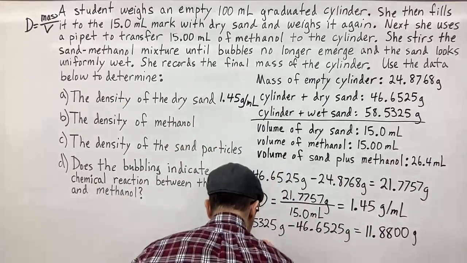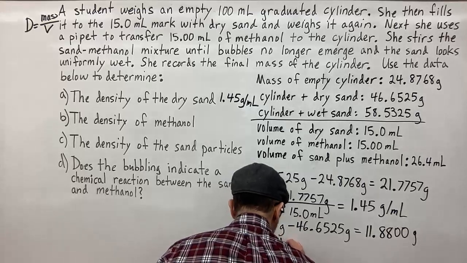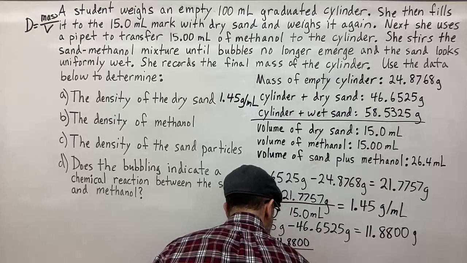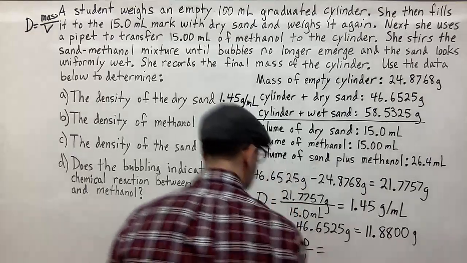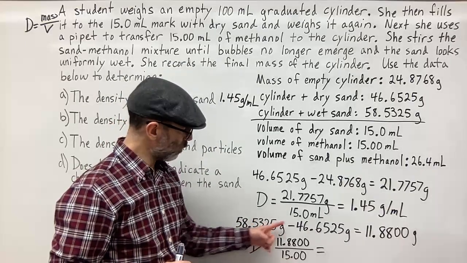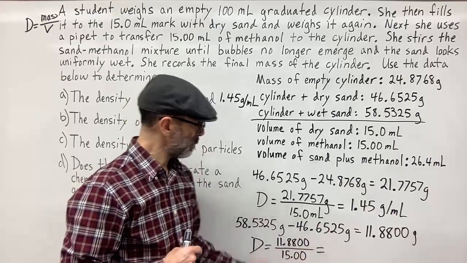And so when we do that, density is equal to 11.8800 divided by 15.00 equals.